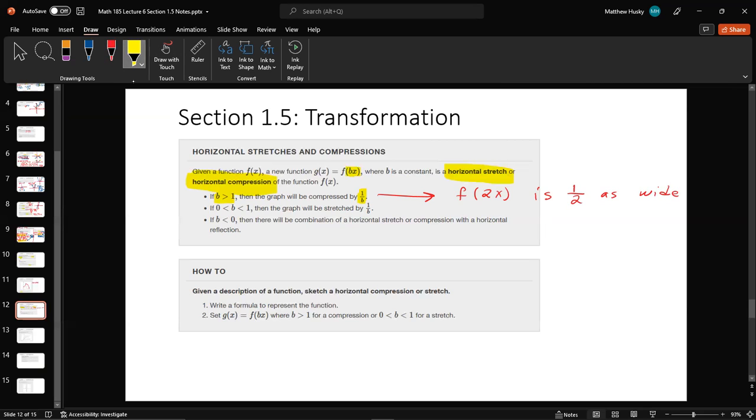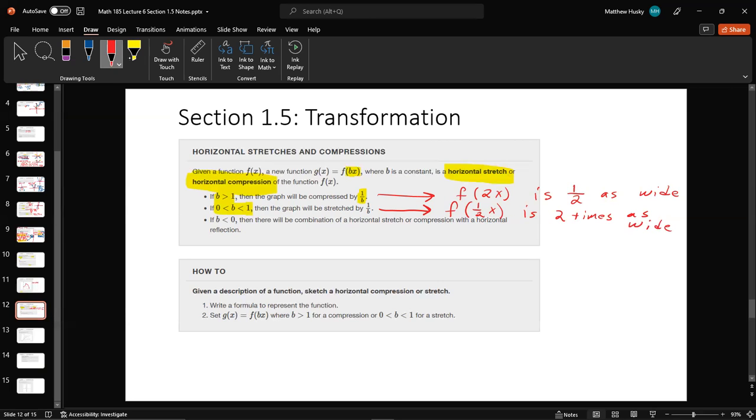If you have a value between 0 and 1, such as 1/2, it'll also do the reciprocal. So if you do f of 1/2 of x, that is actually going to be 2 times as wide. So it's always the reciprocal. It does sort of the opposite of what you would expect it to do.